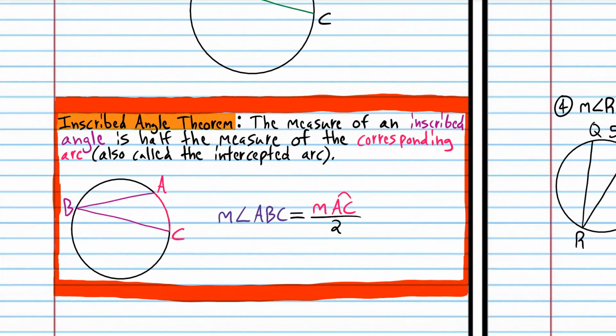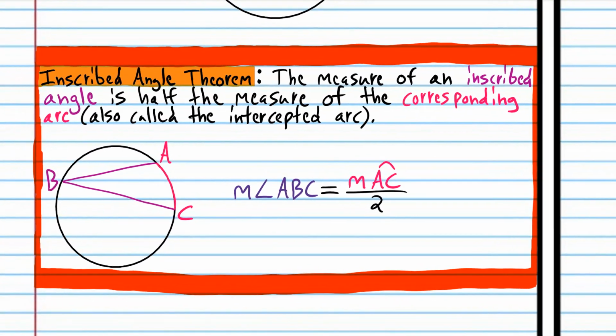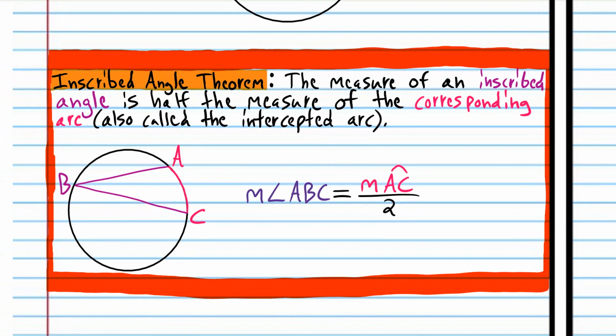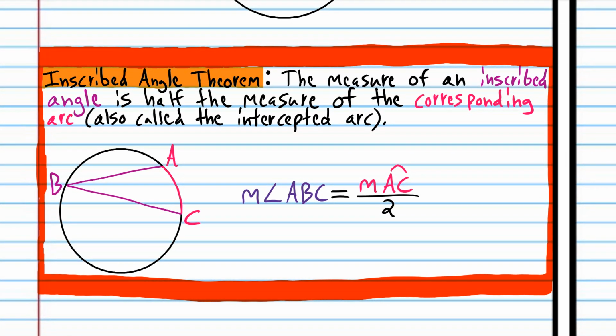Now, we're going to learn this theorem as the first thing today, the inscribed angle theorem. This theorem says that the measure of an inscribed angle is equal to the measure of the corresponding arc divided by 2. This is also called the intercepted arc.